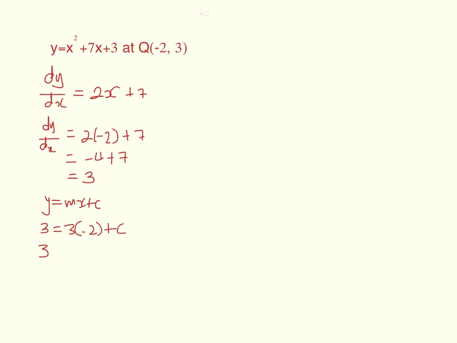So 3 plus 6 is equal to c. I keep missing a step here. I did it before and I didn't tell you why, but when we multiply 3 times minus 2, we get minus 6. We bring that minus 6 over, it becomes a plus 6. In case you're lost as to where that came from, that's where it came from. So c is equal to 9.